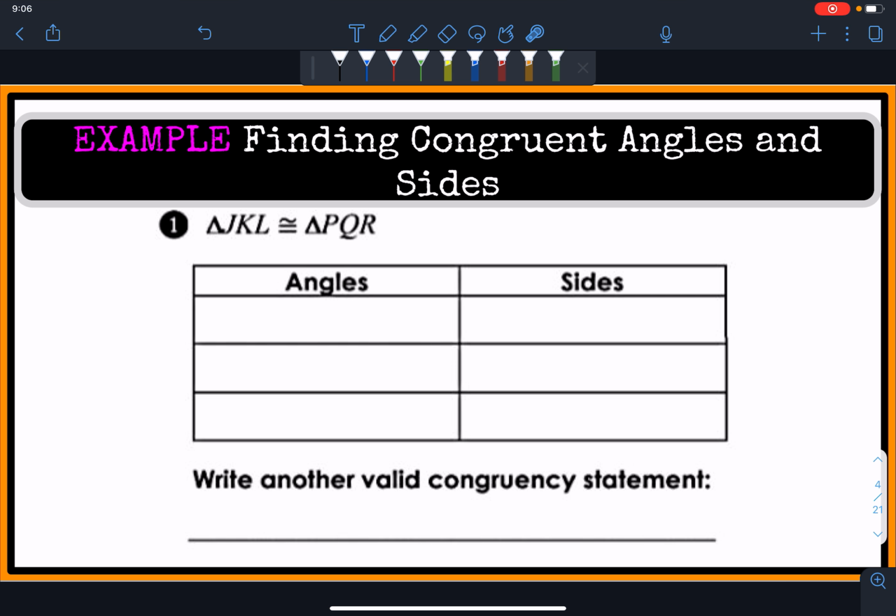For example, since J is the first angle or the first corner identified, P is the corresponding part to that.